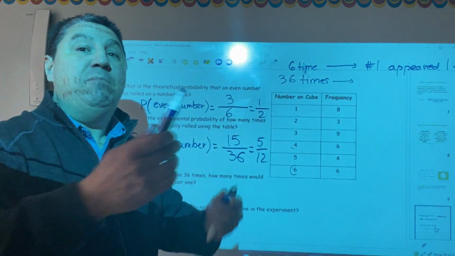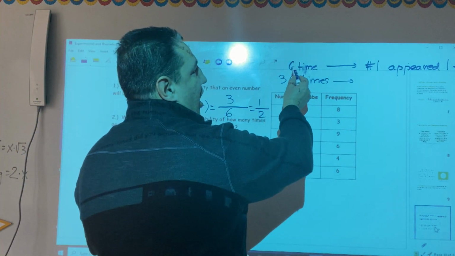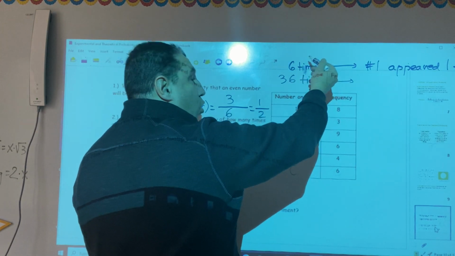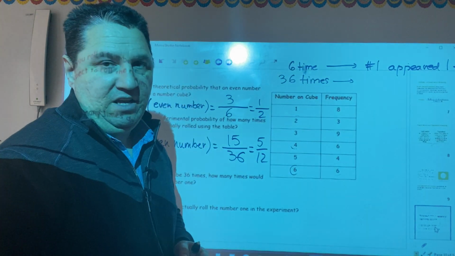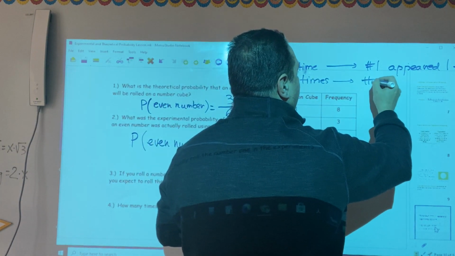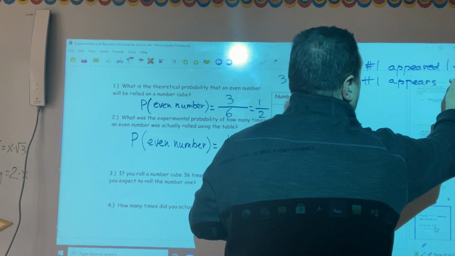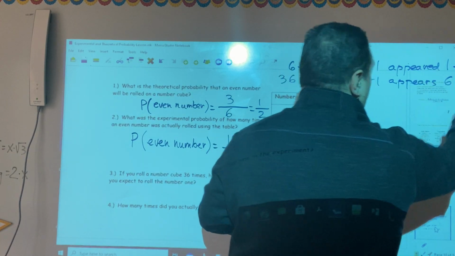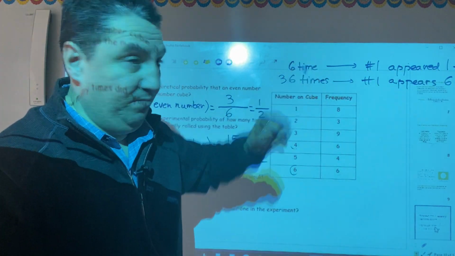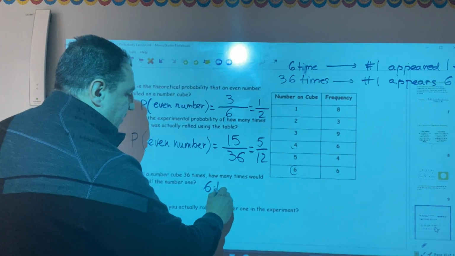Remember, we should expect means theoretical, right? Theoretical. So, we have a number of trials 6 times more than 6, right? So, we should expect number 1 to appear 6 times, 6 times more than the initial experiment. So, here should be 6 times.